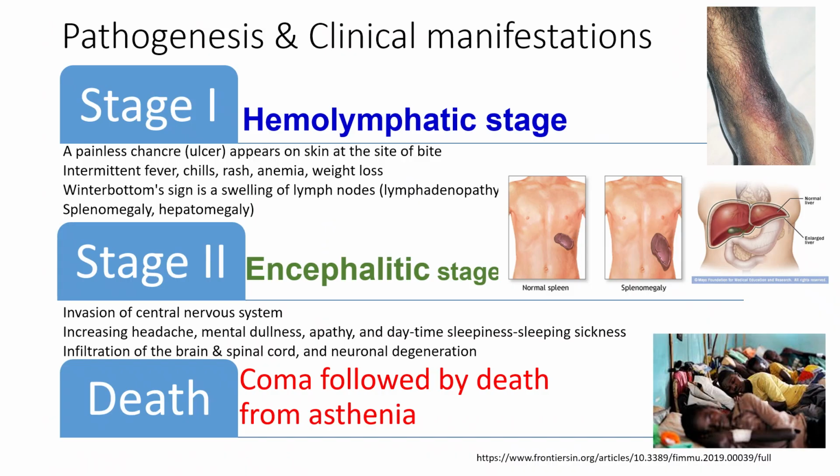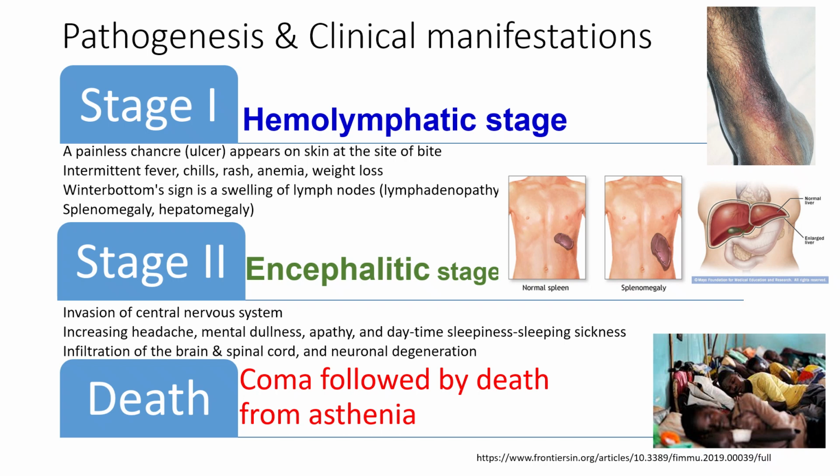In terms of pathogenesis and clinical manifestation, in the first stage of infection, the patient is at the hemolymphatic stage, where a painless chancre ulcer appears on the skin at the site of the bite of the tsetse fly, and it causes fever, chills, rash, anemia, and weight loss. If left untreated, it will go on to stage 2, which is the meningoencephalitic stage, where it will invade the central nervous system.